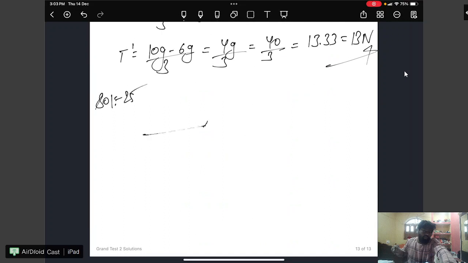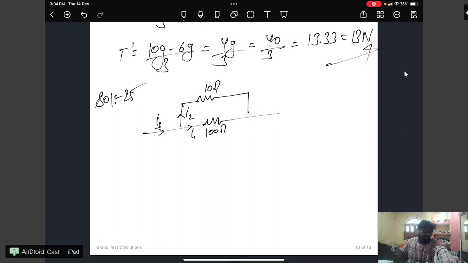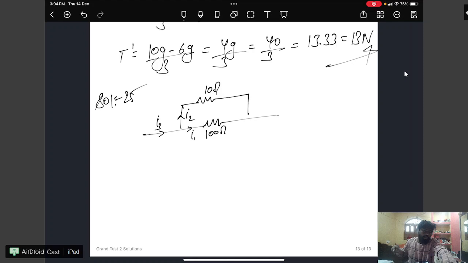So the galvanometer of resistance 100 ohms, a shunt of resistance 10 ohm, current I1 flows through the galvanometer, I2 flows through the shunt, and I3 is the total current. Now they are asking the ratio of the current.